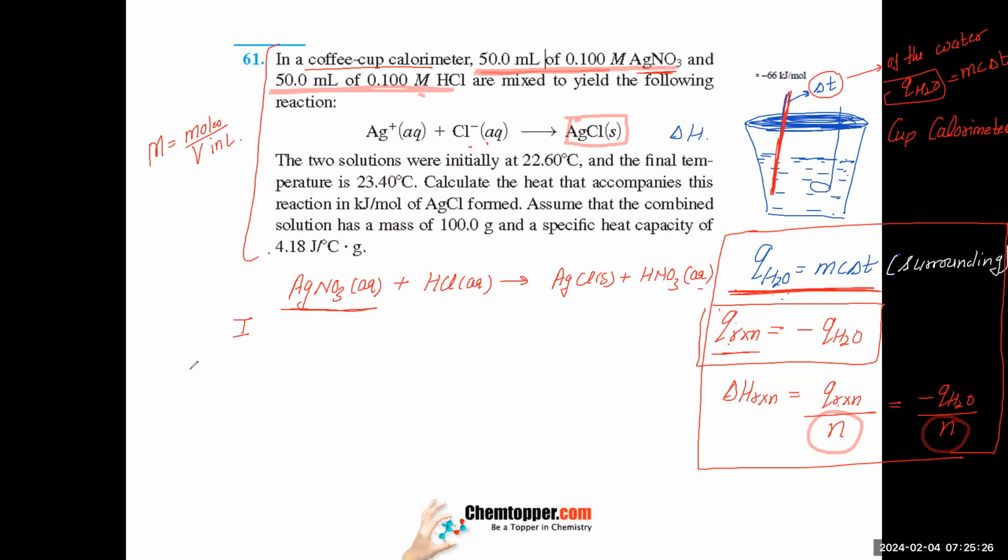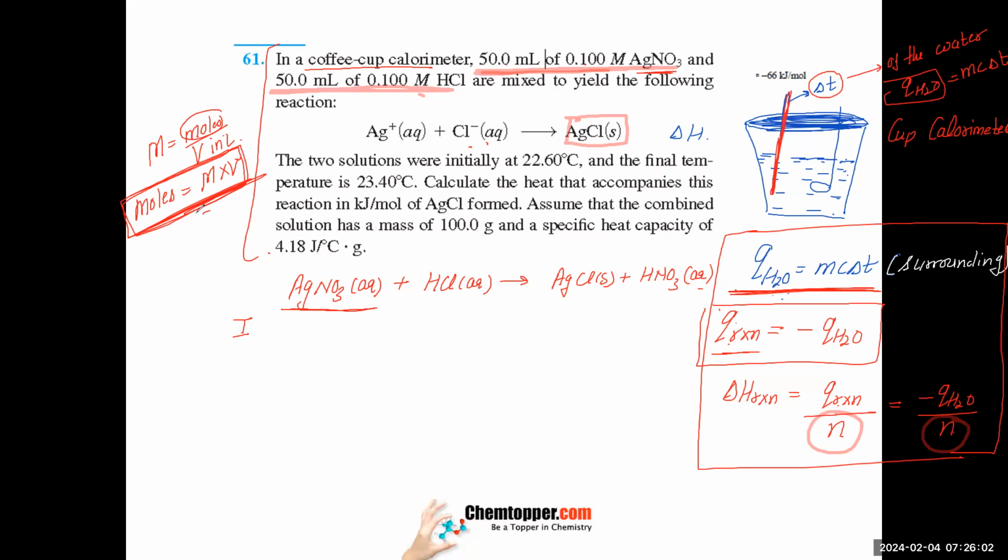You don't know how to do this? I'm asking you to calculate moles. You have the molarity, you have the volume. So moles equals molarity times volume. We did plenty of questions based on this equation. Unit 8 is based on it.